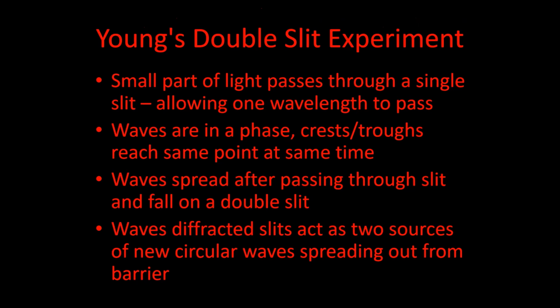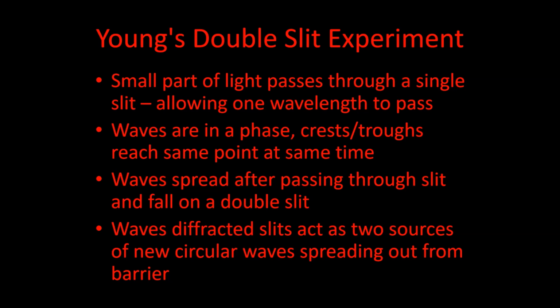So a small part of the light passes through the single slit, essentially allowing one wavelength to pass. This is how he proved that it was a very small wavelength, by having a very, very fine slit. The waves are in phase, and their crests and troughs will reach the same point at the same time. The waves spread out after they pass through the slit and fall on the double slit, and then they diffract and act as two sources.